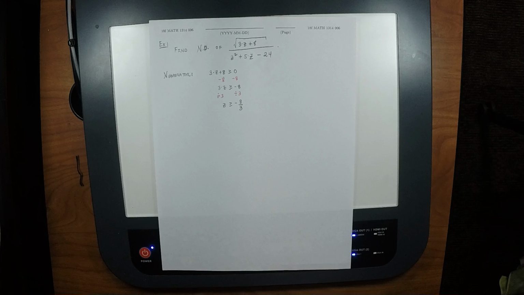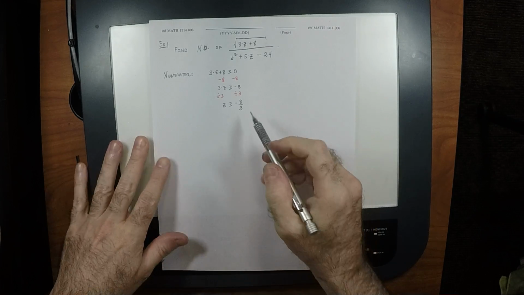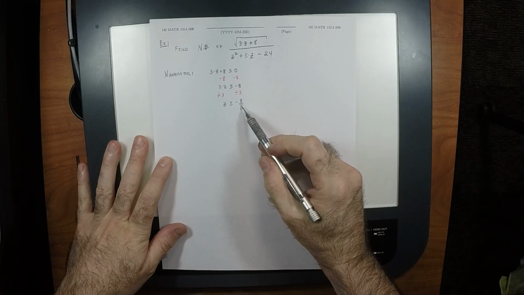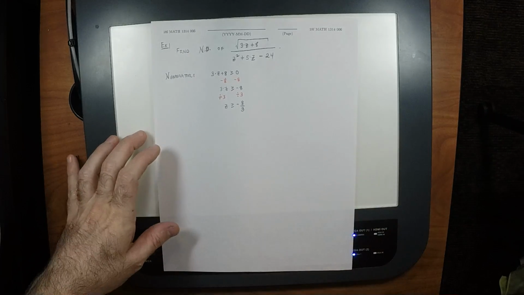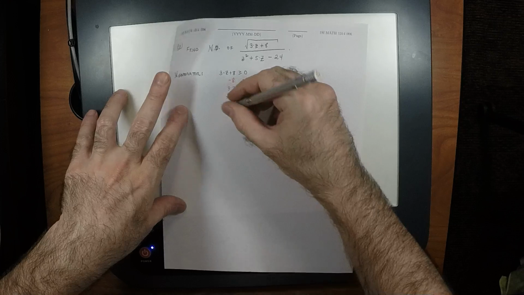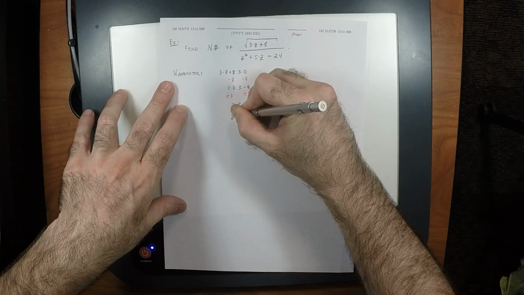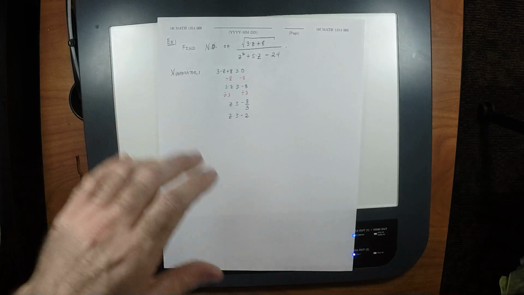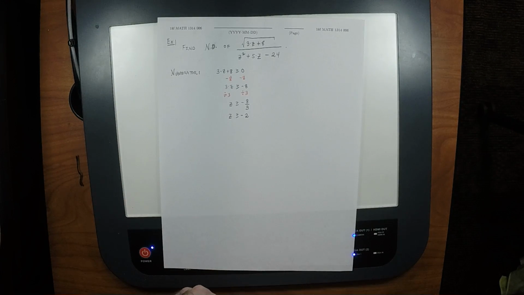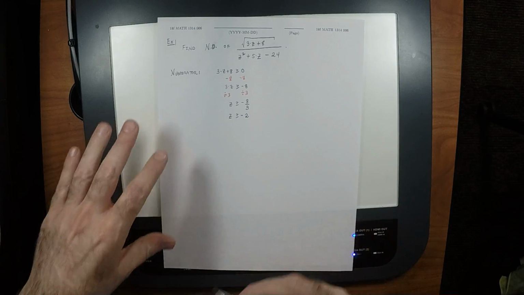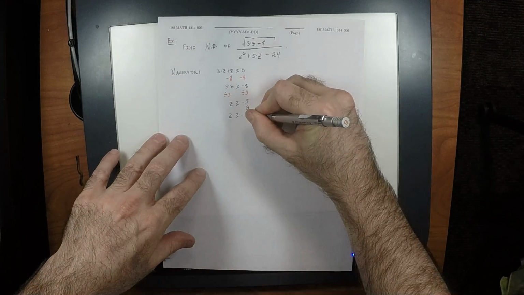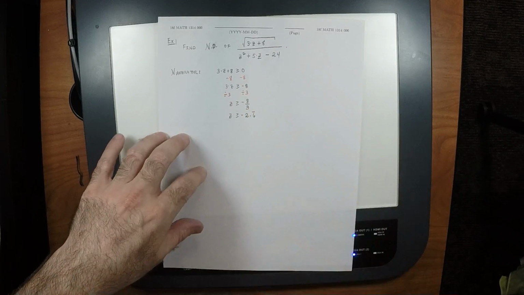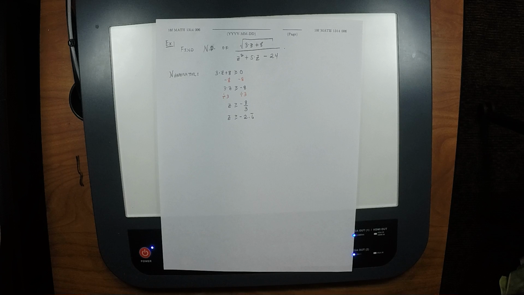Okay, and then it might help us a little bit to be able to express that as a decimal, so I'll do that. How many times can you take 3 away from 8? Twice. So that means that z would be greater than or equal to -2. And then when you take away those 2 3s, how many are left over? 2. And how do you write 2/3 as a decimal? Right, 0.6 repeating like that. Good. So that's -2.6 like that.